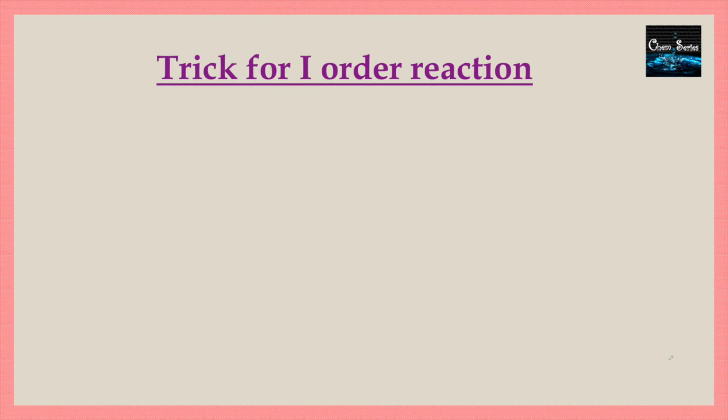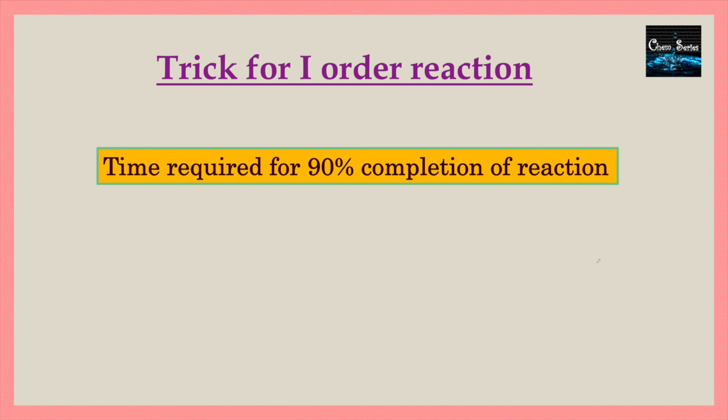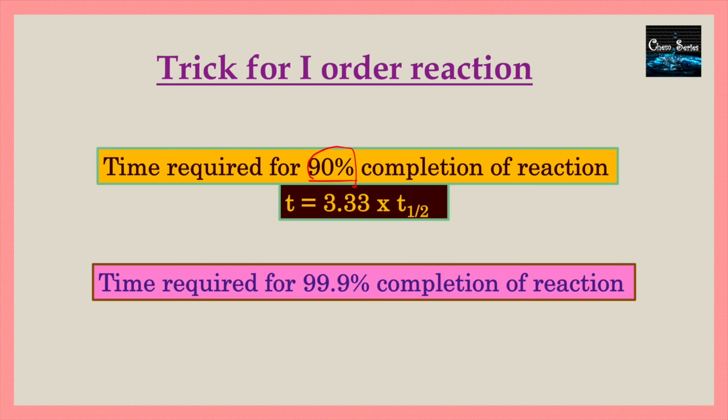So there is a trick for first order reaction. When they ask you the time required for 90% completion of the reaction, then you just need to multiply your T half with 3.33. Okay, then that will be your time required for 90% completion. And if they ask you the time required for 99.9% completion of the reaction, then you need to multiply your T half with 10.